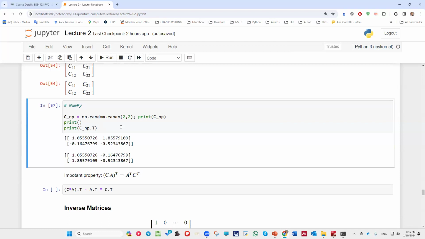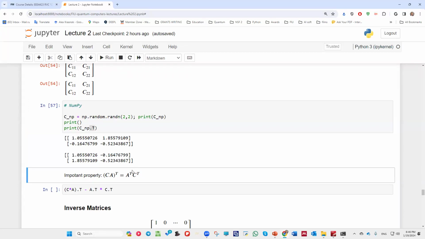Okay. Printing the matrix itself gives me this matrix. And then I print the transposed version of the same matrix. And yes, indeed, this is the same matrix, but rotated across the main diagonal.